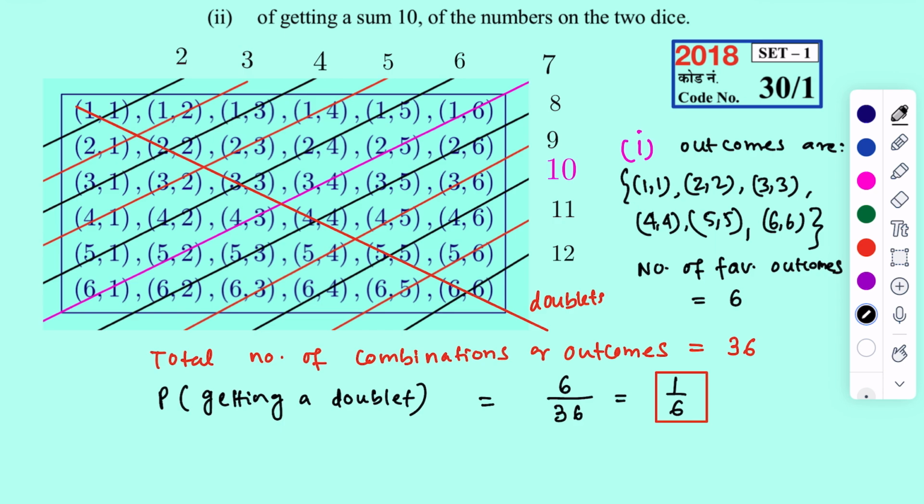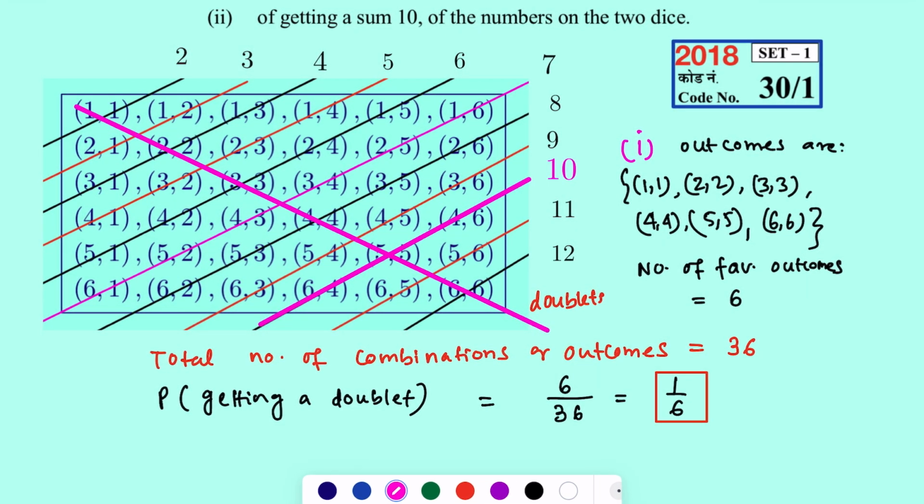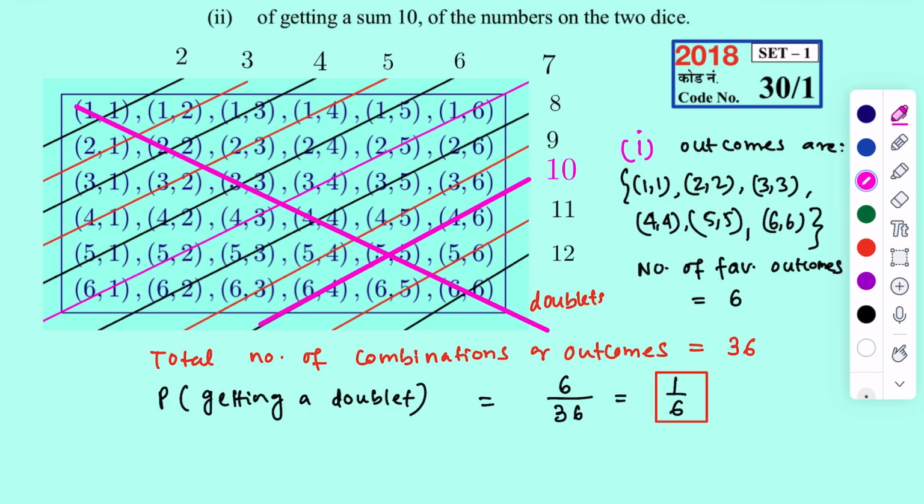In this way, only for these 3 combinations we will have a sum equal to 10. This was the doublet line and this is the sum is 10 line. Just picturize it in your memory so that it will be easier to find the solutions of the dice problem.